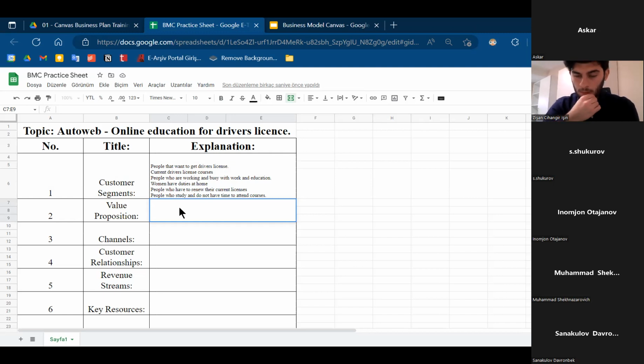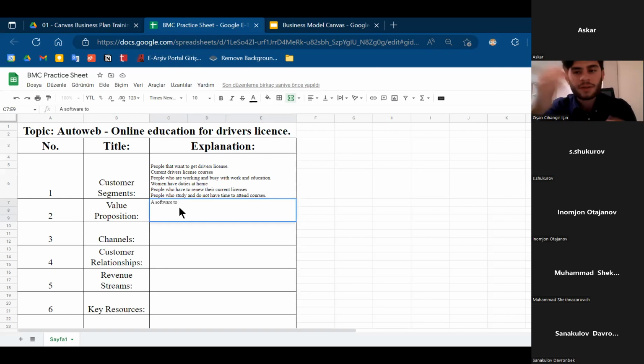Our general platform is a multi-functional platform that can be used by our students to learn, to check, and to drive. You can shorten my words.